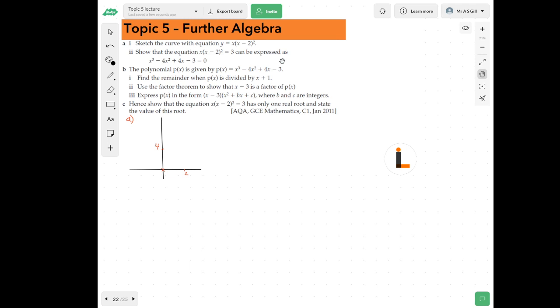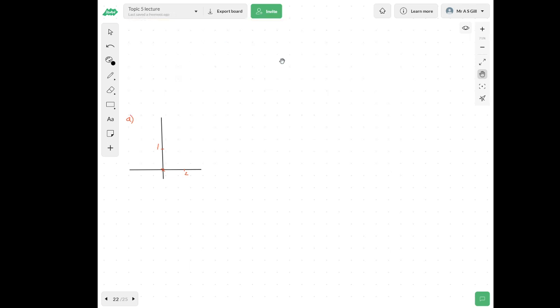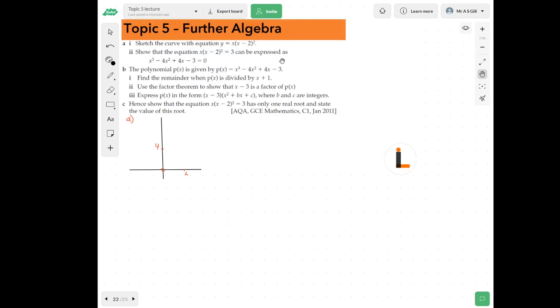I beg your pardon, we won't get the y-intercept at 4, the y-intercept will be at 0. So our cubic is going to look something like this.